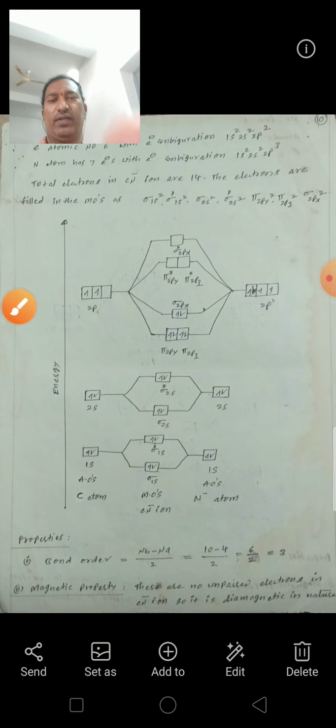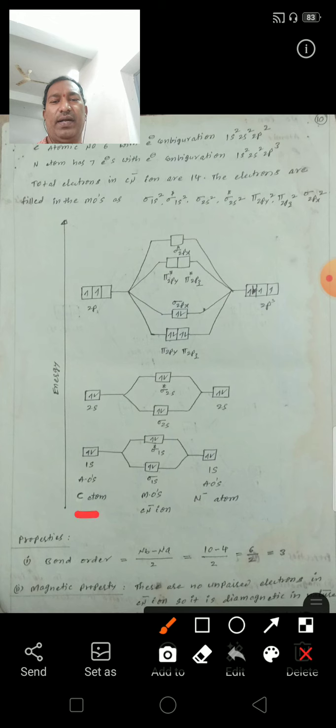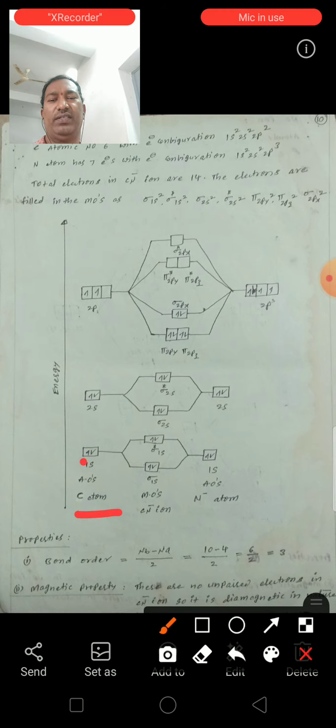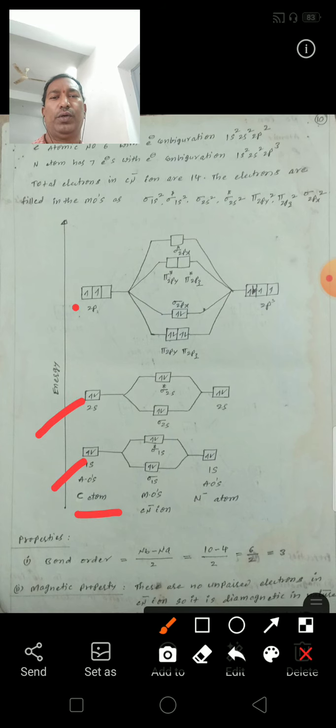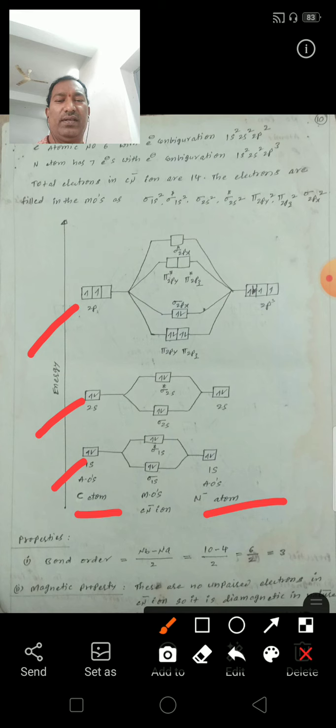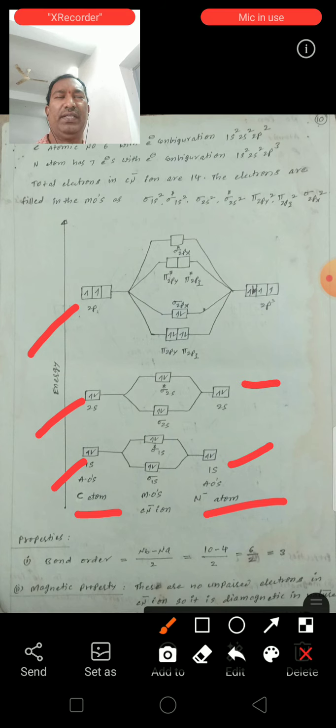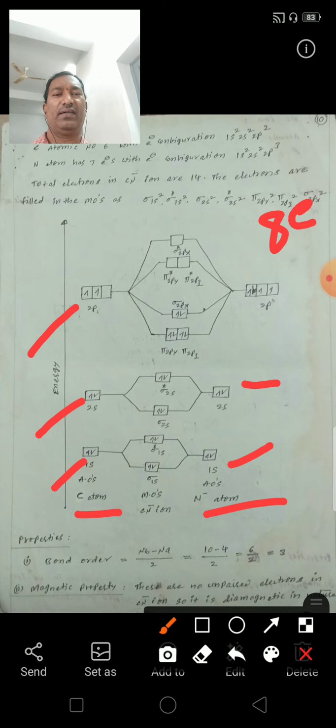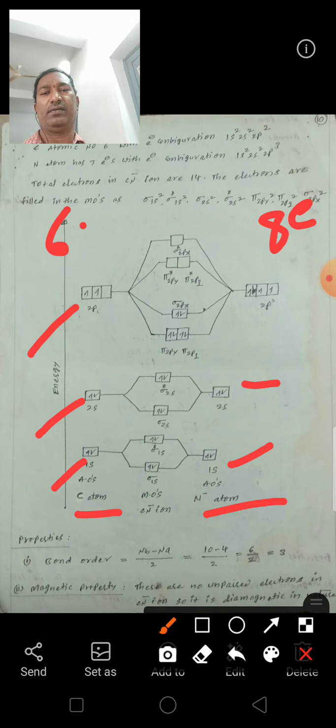See now the molecular orbital energy diagram. Carbon atom electronic configuration is 1s2, 2s2, 2p2, that means 2px1, 2py1. Next, the N minus atom electronic configuration is 1s2, 2s2, 2p3; actually nitrogen minus is 2p4, that is 2px2, 2py1, 2pz1. Total here N has 8 electrons, carbon has 6 electrons.